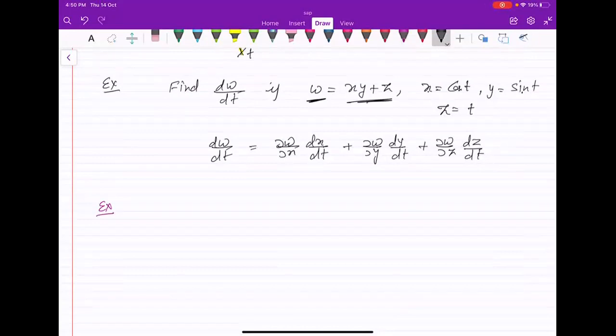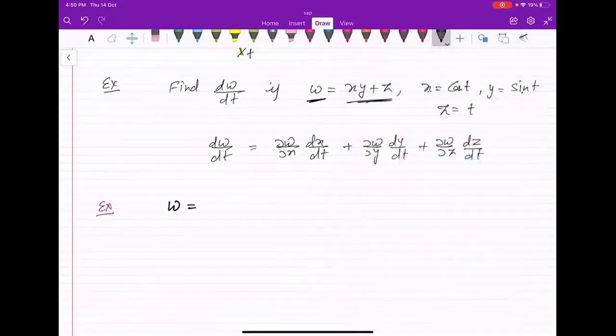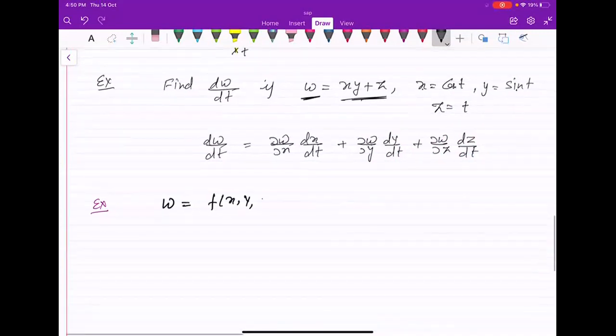Suppose we have w equal to f of x, y, z, or it can be a function of two variables also, but I am taking all three cases. W is the function of x, y, z, and x is a function of r and s, like we can say g of r, s.